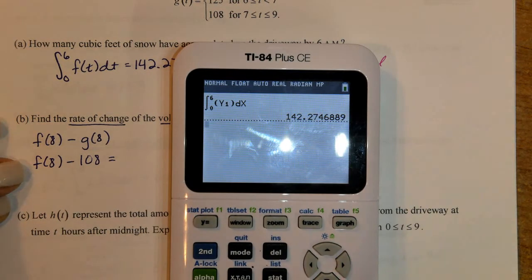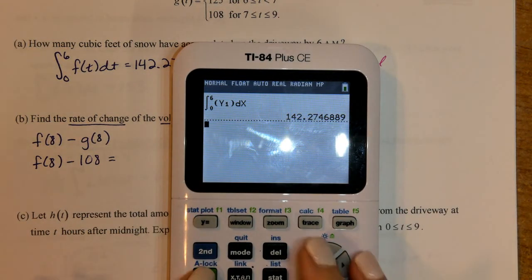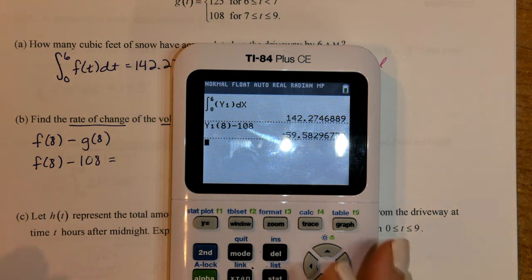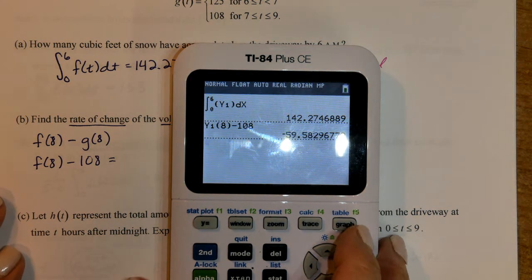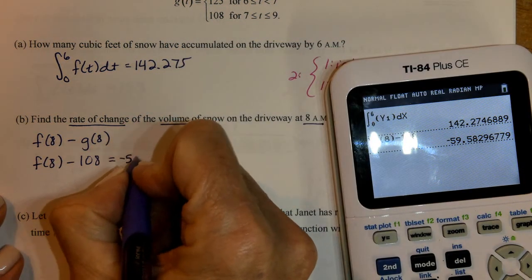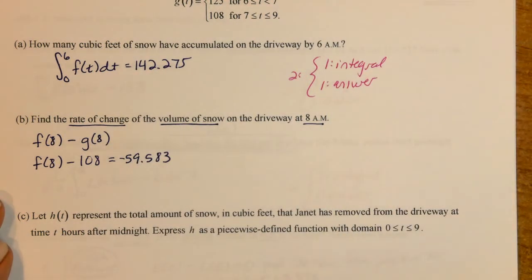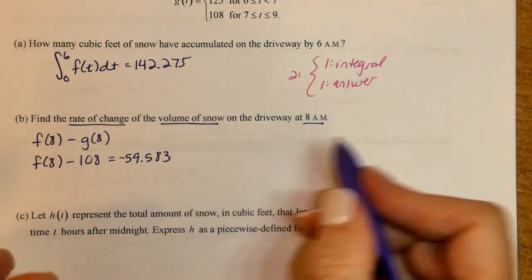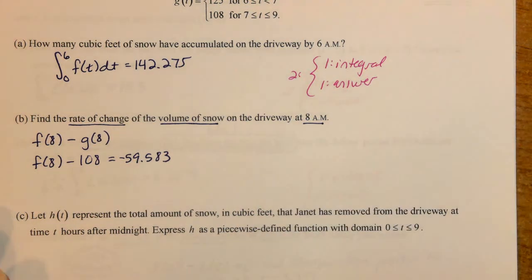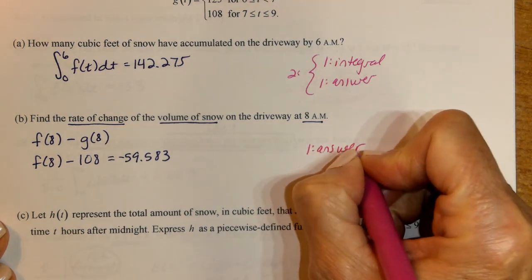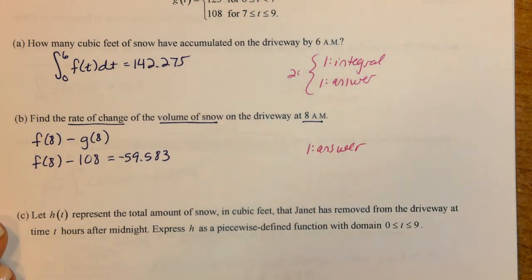So that's what I'm going to put into my calculator. F of 8 is my y1 at 8, and I need to subtract 108 from that. Negative 59.583 cubic feet per hour. They didn't ask me for units, though. This was worth just 1 point for the answer.